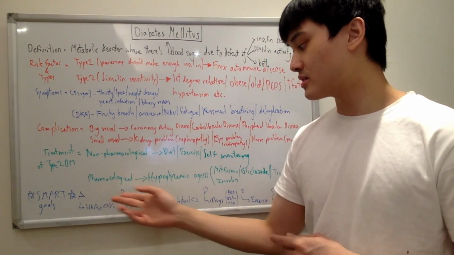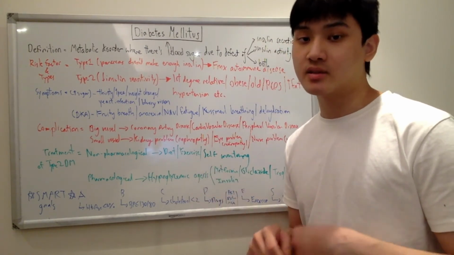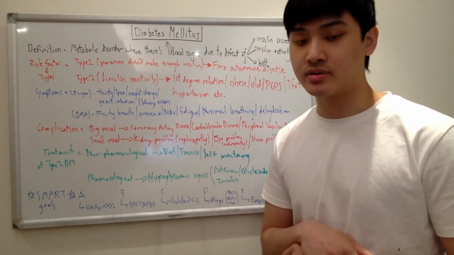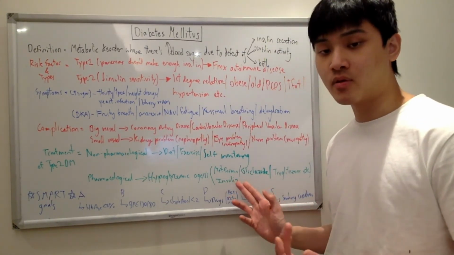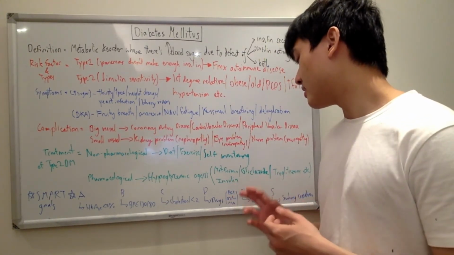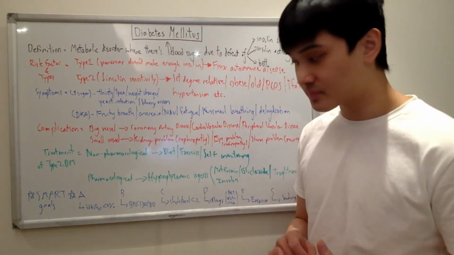And there are drugs called hypoglycemic agents, which reduce blood sugar in the blood. Namely, they are metformin, insulin, glycosides, glitazones, etc.